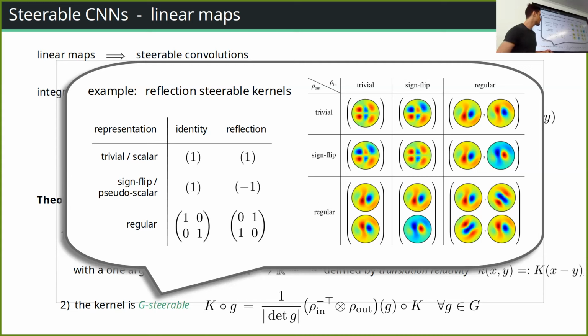If you apply such a kernel to a reflected image at the corresponding position, then since the kernel is symmetric, it gives the same output. And for the other one, if you reflect your image and your input doesn't change, since this kernel is anti-symmetric, it will give you exactly the negative output. This is a really good example. It makes a lot of sense now.